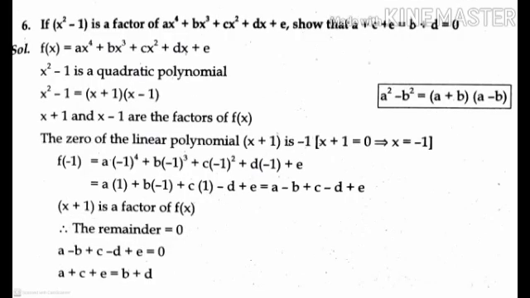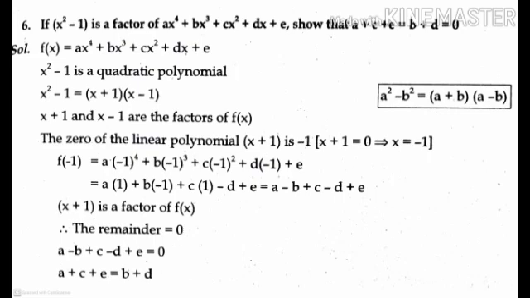Question: if x² - 1 is a factor of ax⁴ + bx³ + cx² + dx + e, show that a + c + e = b + d = 0. Solution: f(x) = ax⁴ + bx³ + cx² + dx + e.